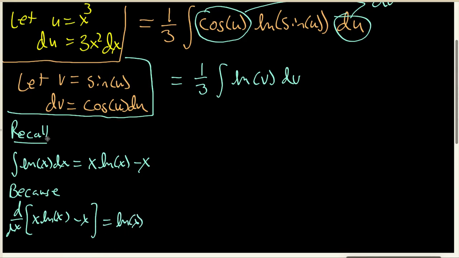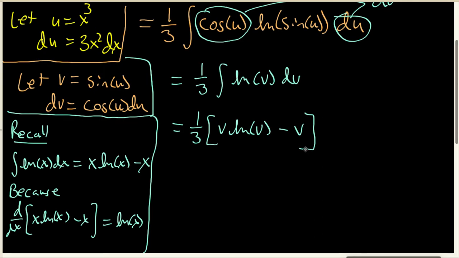And so I happen to know that an antiderivative for log x is x times ln x minus x. And I use that fact to get this integral rewritten as 1/3 times the antiderivative of the log of v, which is v times ln v minus v. And then I'm going to have to add a constant. It's important to note that the 1/3 has to multiply the whole antiderivative. The constant of integration is just added on at the end.